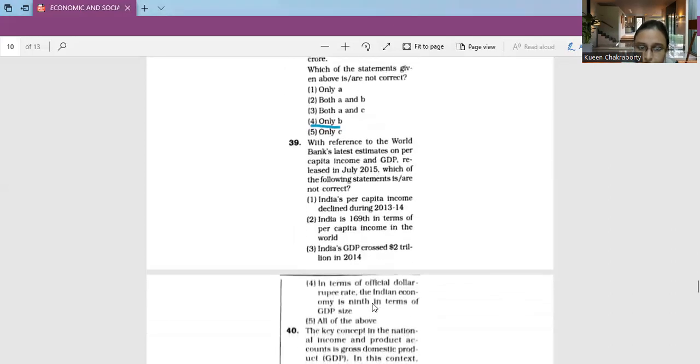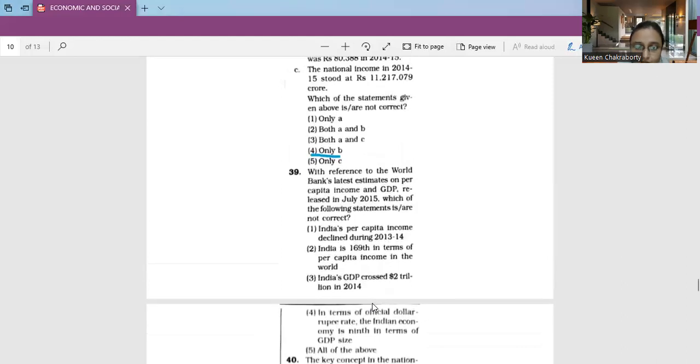Next, moving on to question number 39. With reference to the World Bank's latest estimates on per capita income and GDP released in July 2015, which of the following statements is or are not correct? We have 5 options.